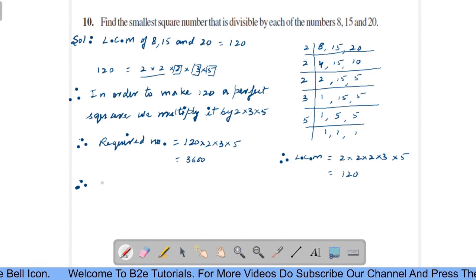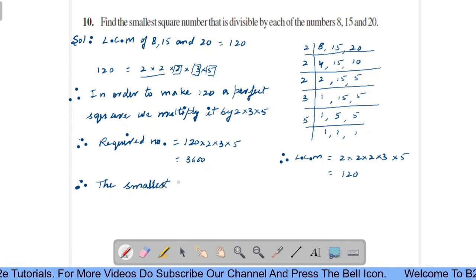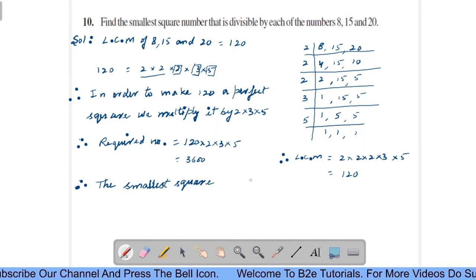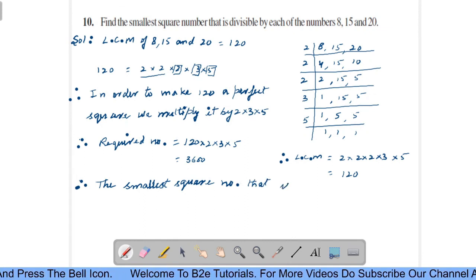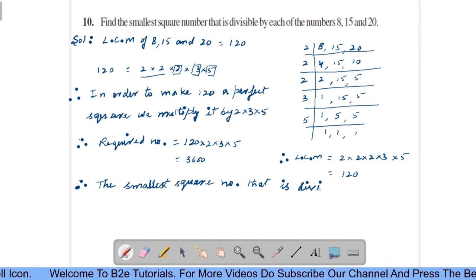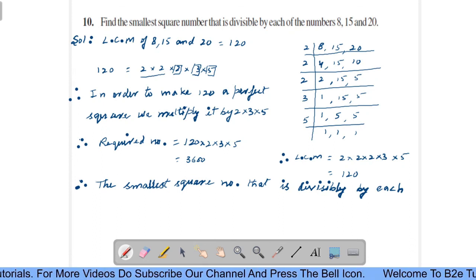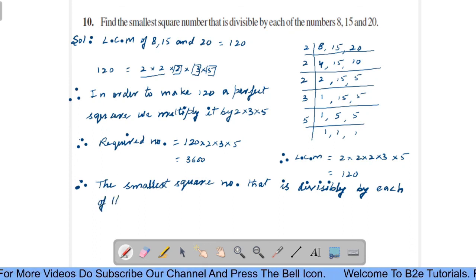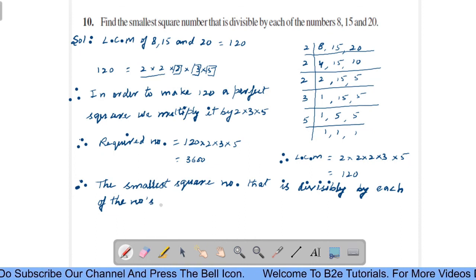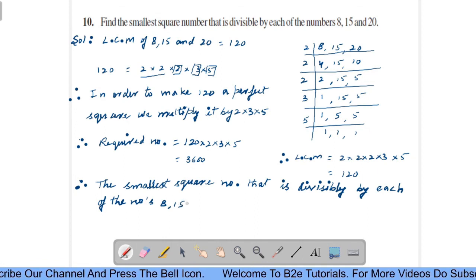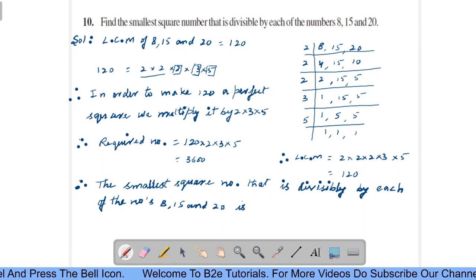Therefore, the smallest square number that is divisible by each of the numbers 8, 15 and 20 is 3600.